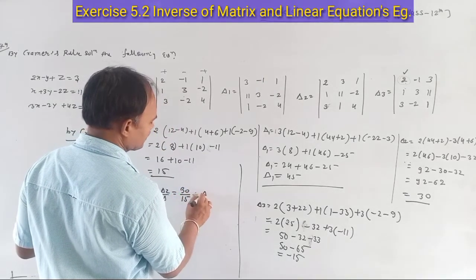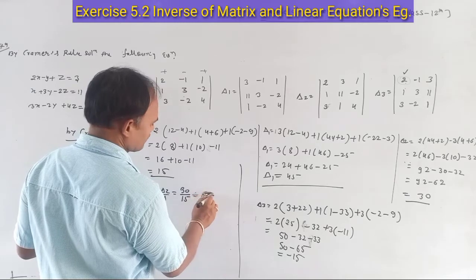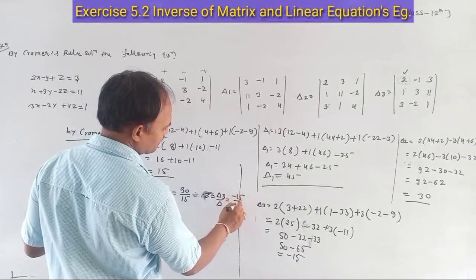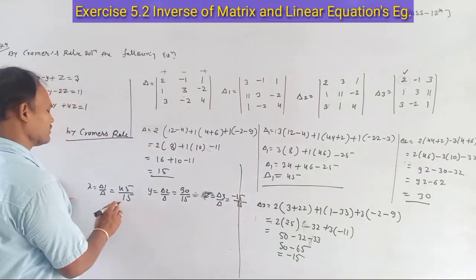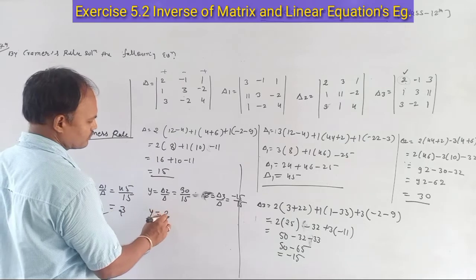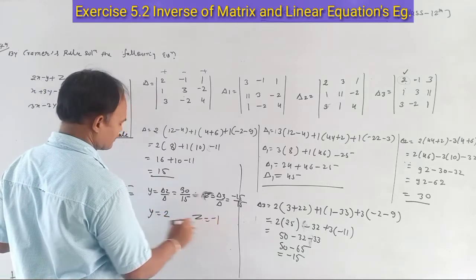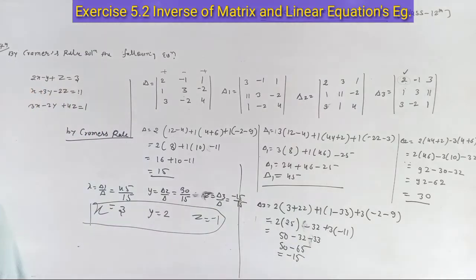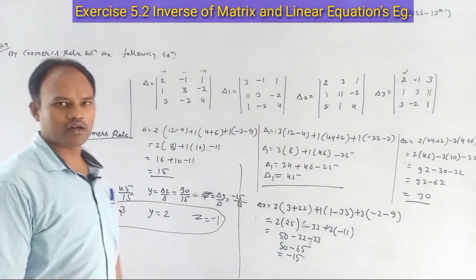And z equals delta 3 upon delta, so minus 15 upon 15. So students, x equal 3, y equal 2 and z equal minus 1. So this is your answer.